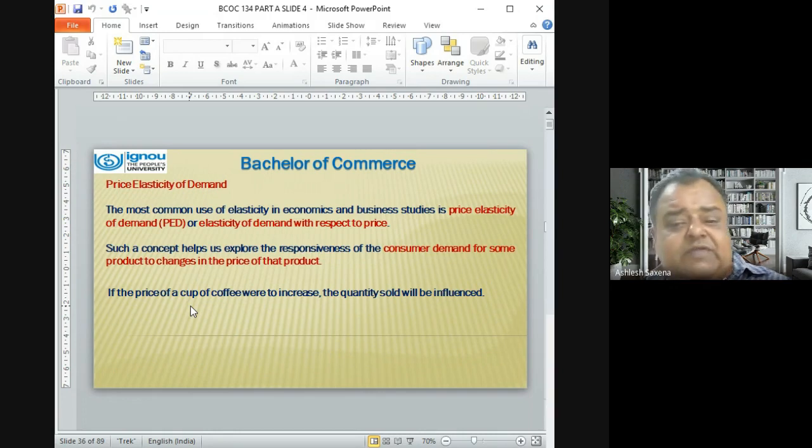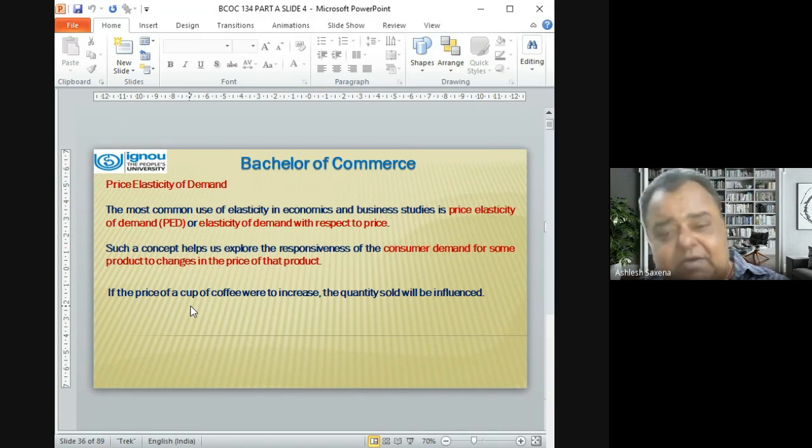If the price of a cup of coffee were to increase, the quantity sold will be lower. You see just now how these values vary, and how to make you understand the application of differentiation in your business environment.